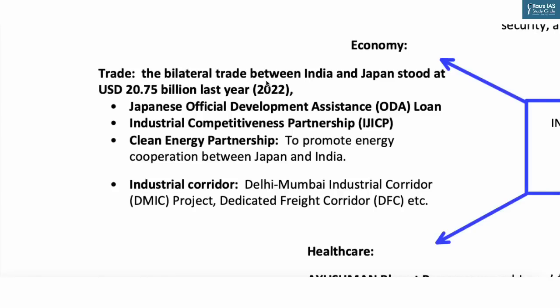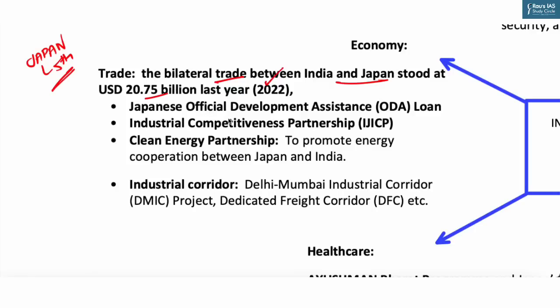In terms of commercial and economic ties, the bilateral trade between India and Japan stood at USD 20.75 billion in 2022, which was the largest ever. Also, Japan is the fifth largest investor in India, as a large number of Japanese companies are exploring opportunities in India in several sectors.